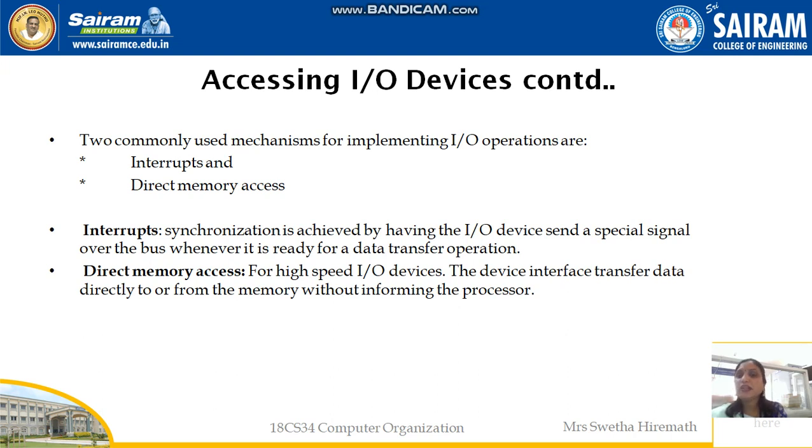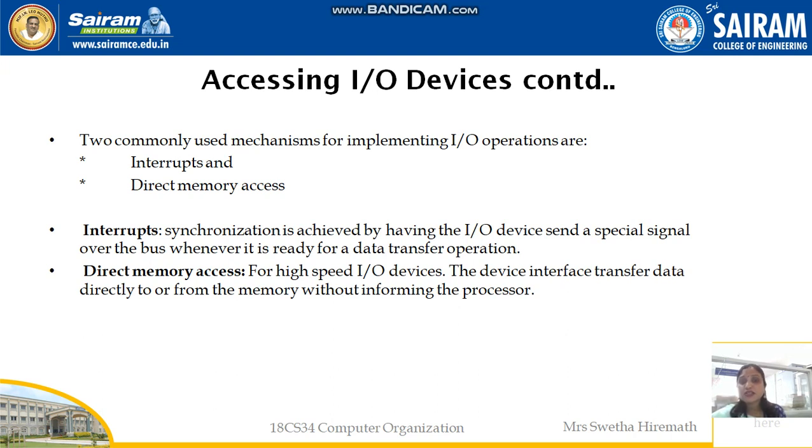First one is interrupts. In interrupts, the synchronization is achieved by having the IO device send a special signal over the bus whenever it is ready for a data transfer operation. So interrupt means there will be some ongoing program already being executed by the processor, and once it gets some special signal indicating that some IO device wants to take the service from the processor, then immediately the control from the ongoing program has to be transferred to the IO device.